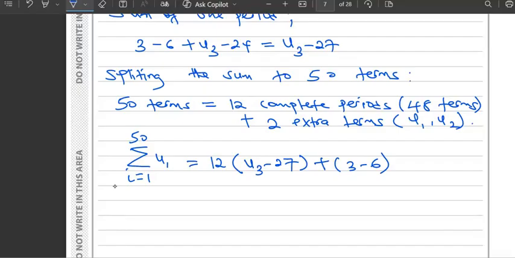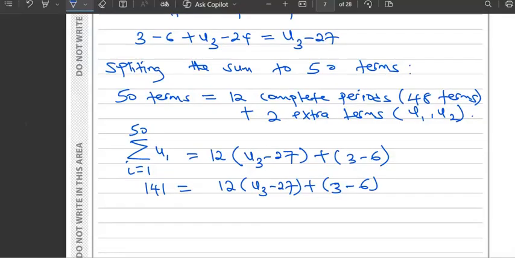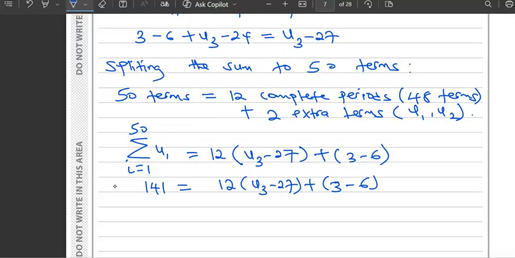The sum of the first 50 terms is given as 141, so 141 is equivalent to 12 multiplied by u3 minus 27 plus 3 minus 6. Simplifying this, opening the brackets, we have 12u3 minus 12 times negative 27.